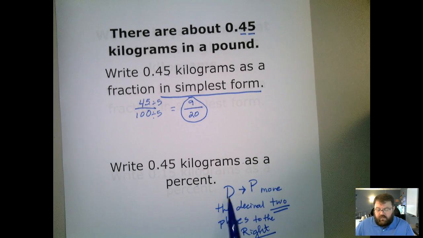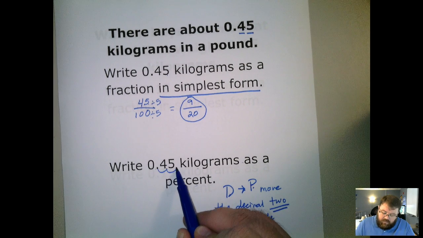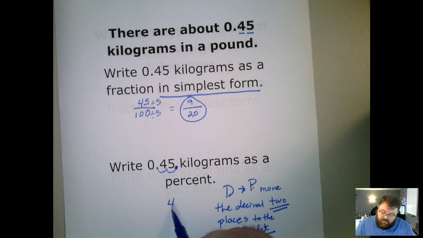Okay, so decimal to percent, move the decimal 2 places to the right. So I'm going to say 1, 2, put it here, and it's 45%.